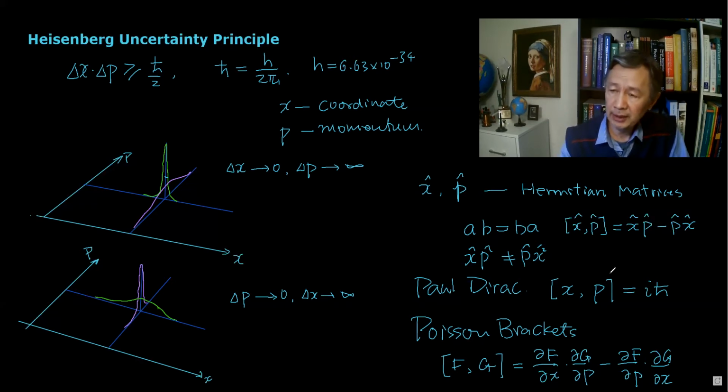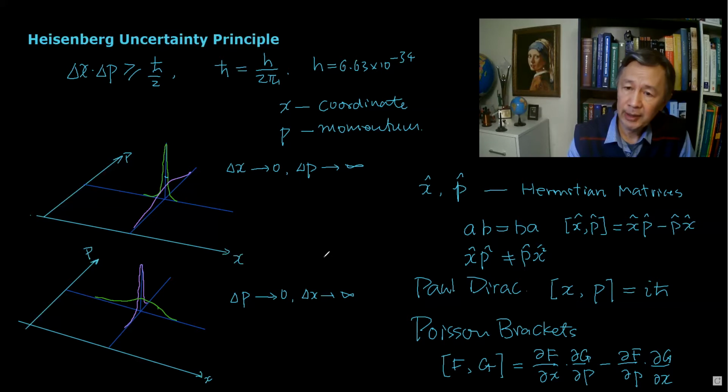So in the context of quantum mechanics, we have to use Paul Dirac's bracket. To cut the story short, all the operators representing physical quantities in quantum mechanics are Hermitian matrices.